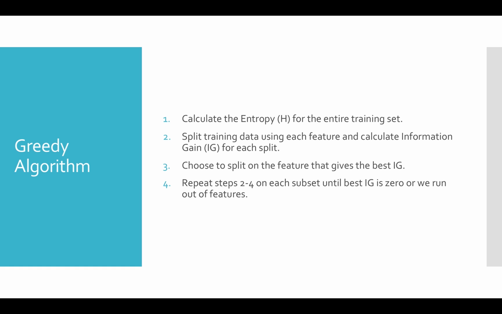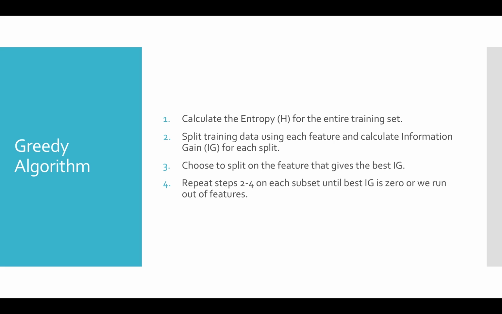This brings us to the greedy algorithm that we're going to use to build the tree. It has roughly 4 steps, although you don't need to remember them or write them down in this particular order, whatever works for you. First, we want to calculate the entropy of the entire training set. Second, we want to split the training data using each feature and calculate information gain for each split.